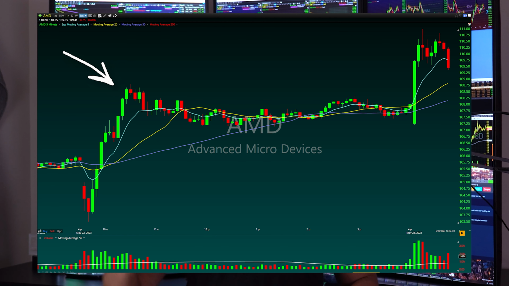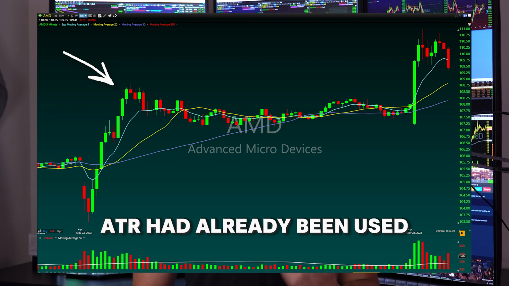A lot of times I would be buying that flag without recognizing that the ATR had already been used. The ATR in AMD is about 5.5, so it's already popped exactly that, $5.5. As you see it start to go sideways, it ends up drifting off the rest of the day. The ATR had already been used.